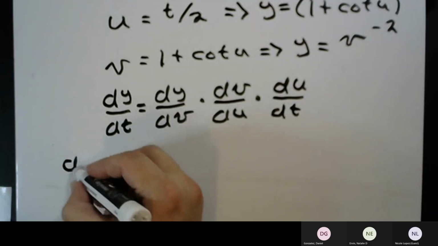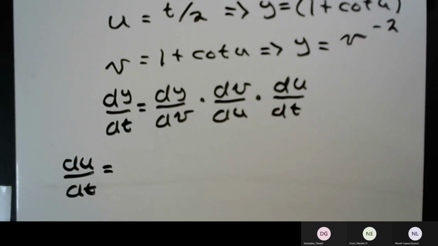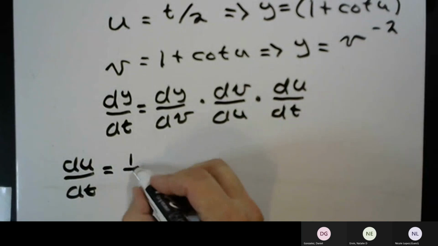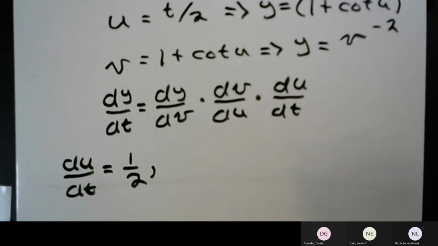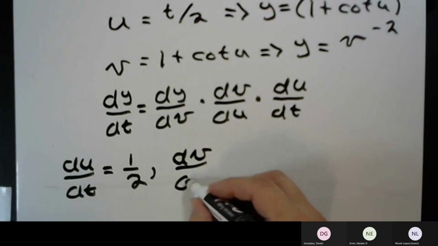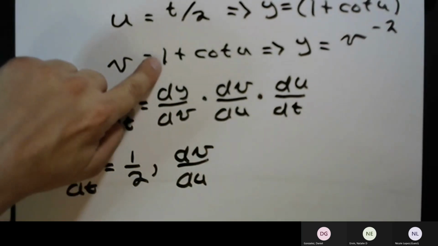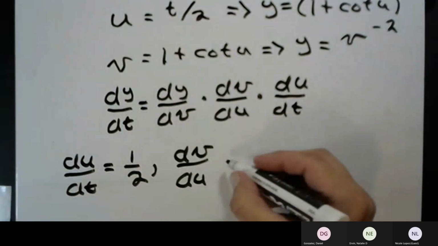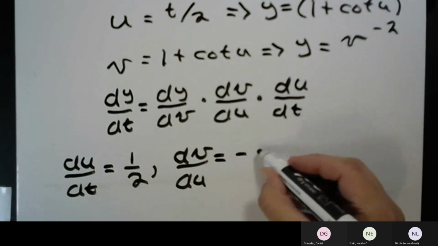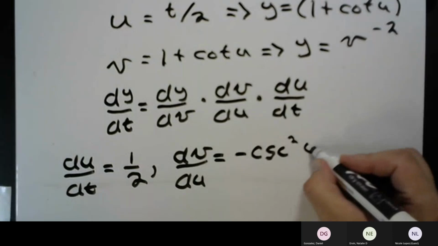So figuring out du dt, that's going to be 1/2. And then dv du, well, here's v right here. So this will be 0. This will be negative cosecant squared of u.